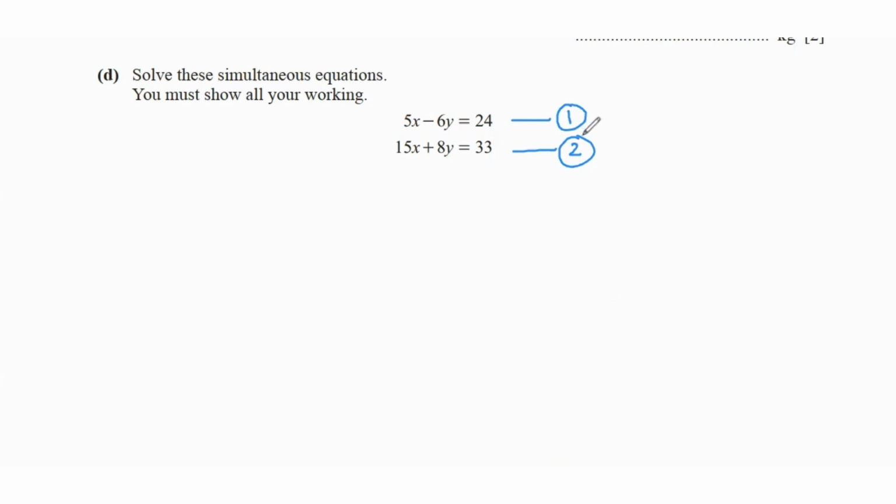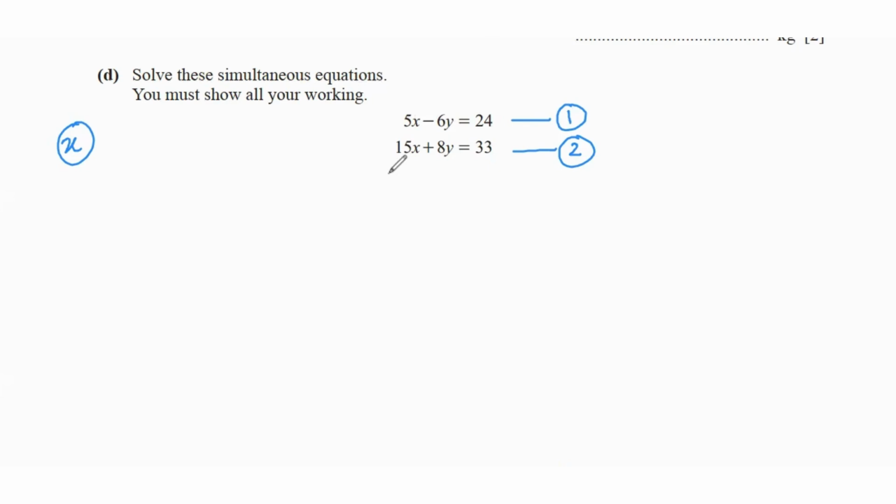So for the elimination method, what we're going to do is pick a variable that we want to eliminate first. I'm going to pick x. Now, why am I picking x? If we look at the coefficients, x has the coefficient of 5 in the first equation and 15 in the second equation. It would be easy to turn 5 into 15 because 5 times 3 is 15.